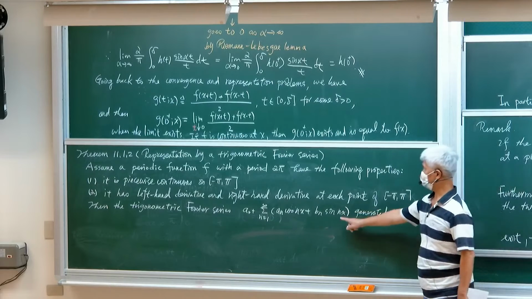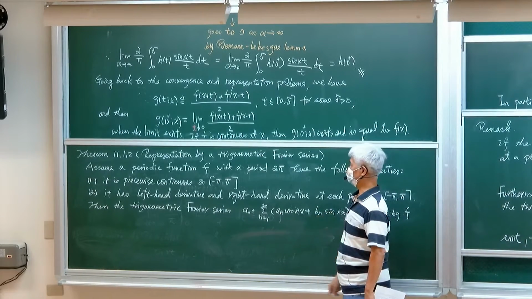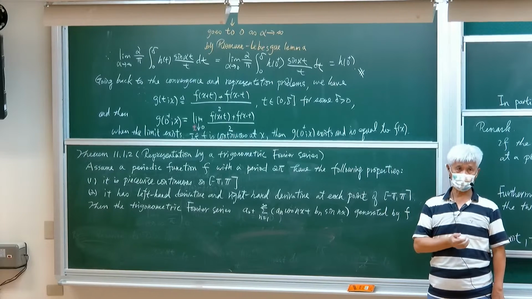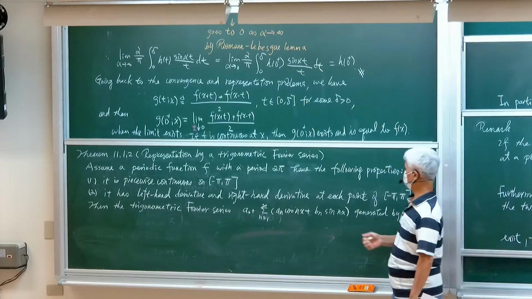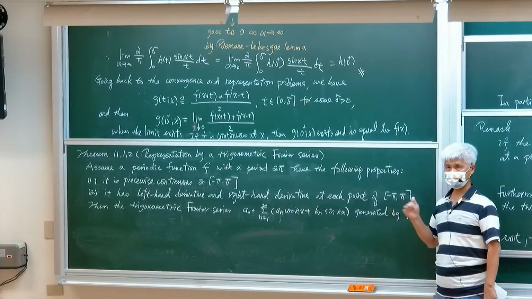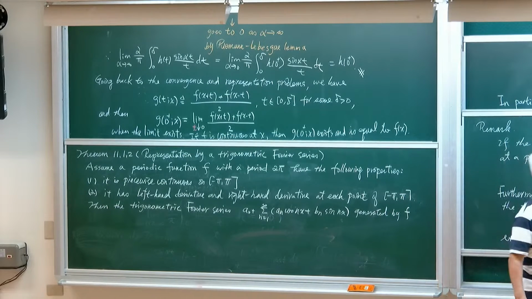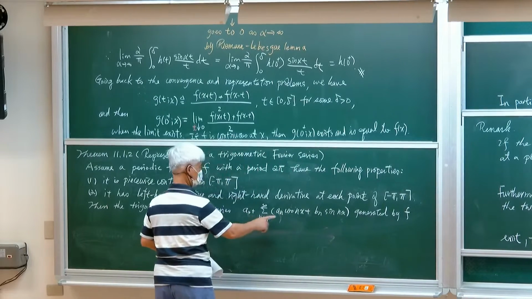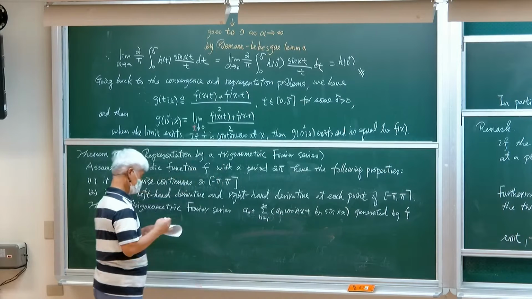We can generate such a trigonometric Fourier series because f is absolutely integrable over one period, as we discussed before. So we can compute the coefficients a0, an, bn there.